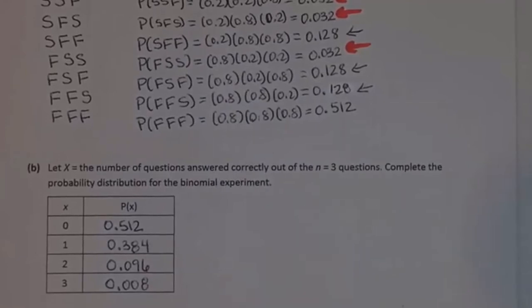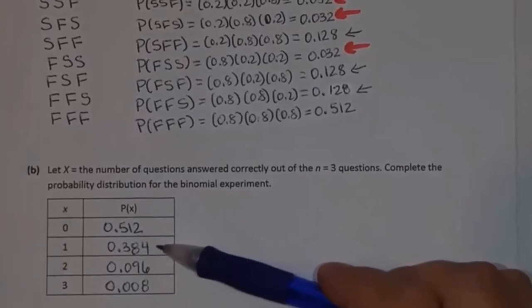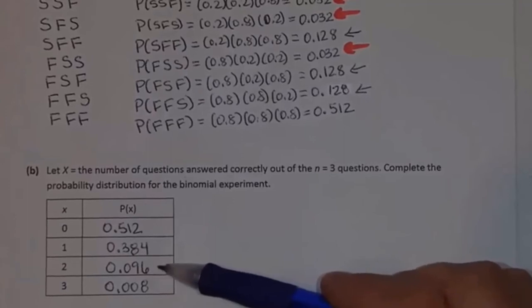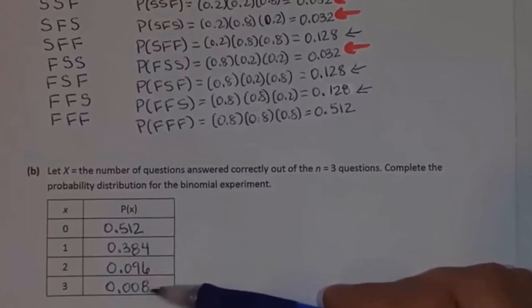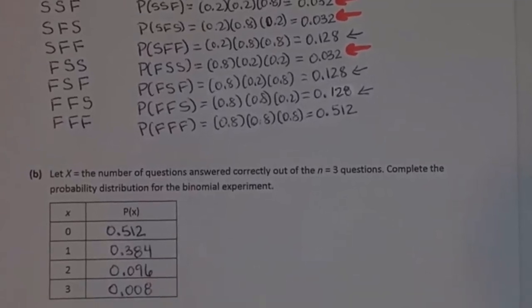So again, interpretation: if I gave this pop quiz to 1,000 students, 512 would get none of the questions right, approximately. 384 would get 1 question right, so they'd make a 33%. 96 would get 2 questions right, so they'd make a 67%. 8 would get all 3 questions right, so they'd make 100%, strictly by guessing.